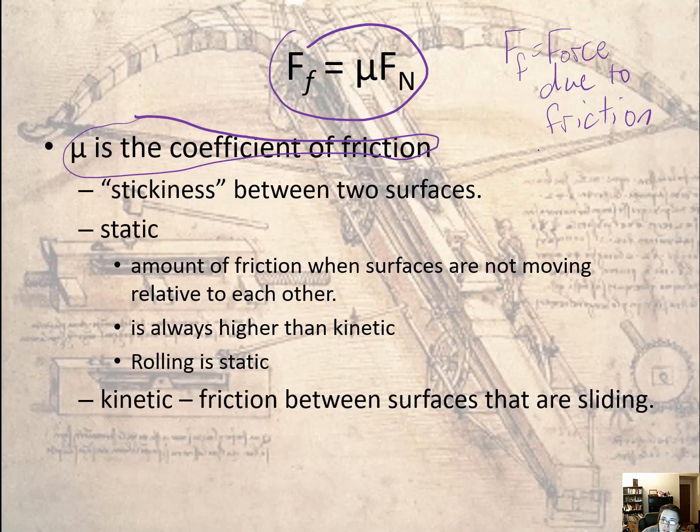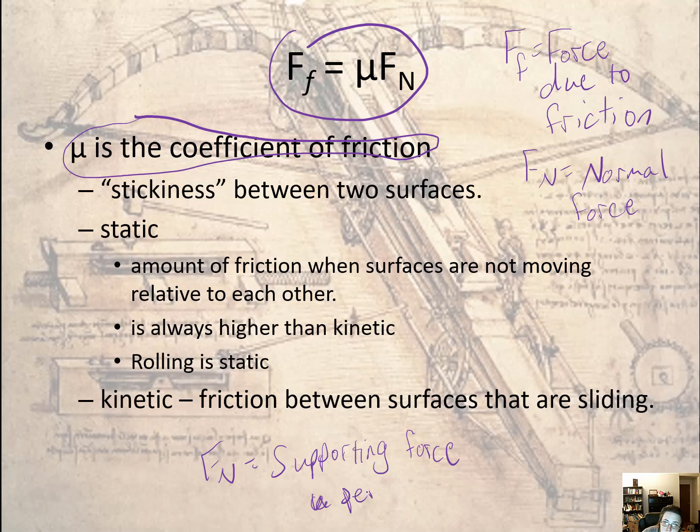And F sub n, you have seen before, this is the normal force. Remember, the normal force is the supporting force. And it is perpendicular to the surface. So it's perpendicular.